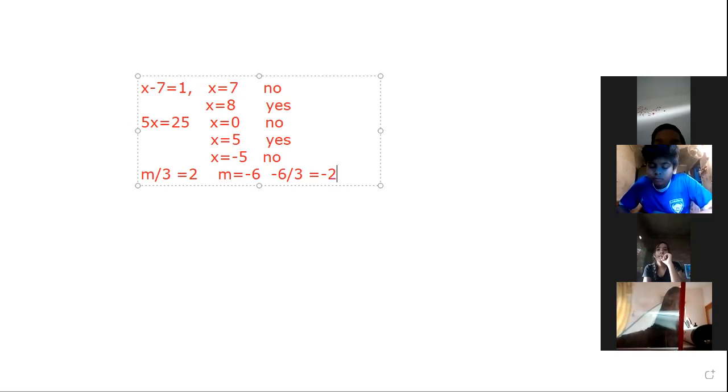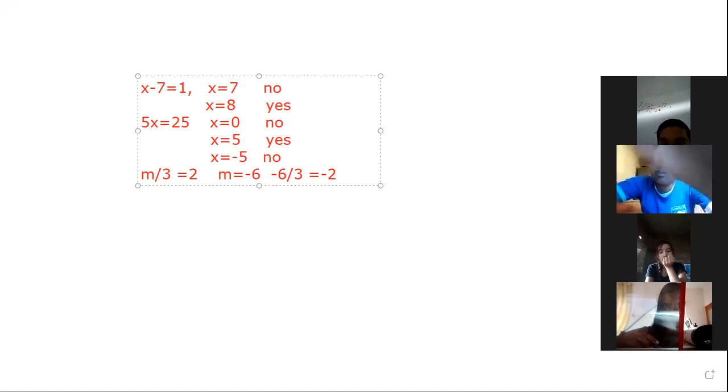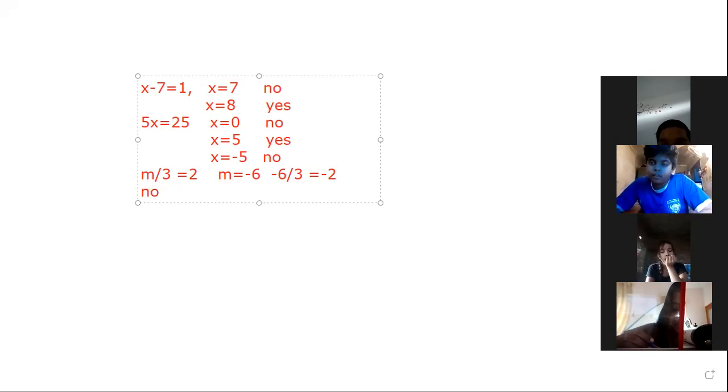We know about fractions, or it is simply division. Minus 6 divided by 3, the answer is minus 2. But in our equation, the answer is 2 itself. So is it satisfying or not? No, because in our equation it is 2 and in our answer it is minus 2. So we can write it as no.